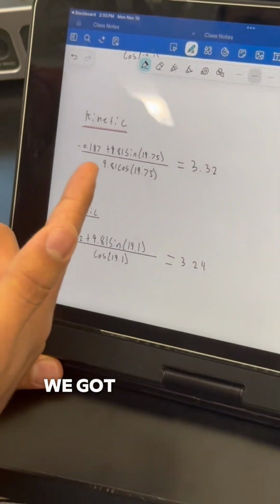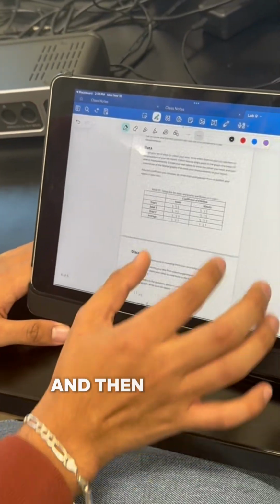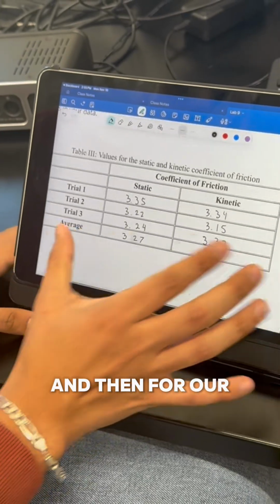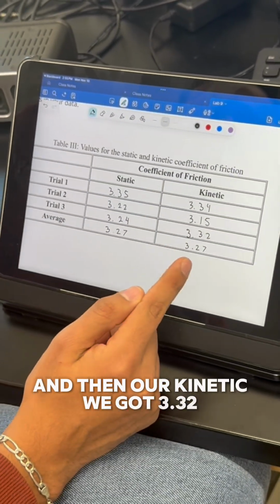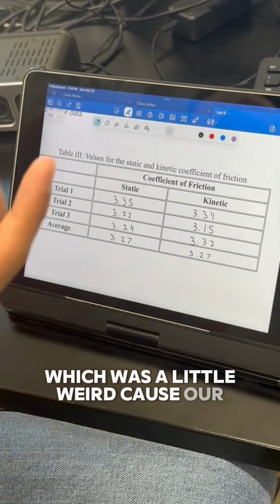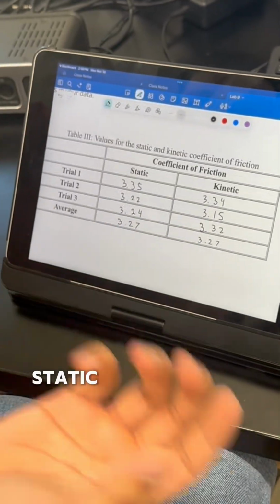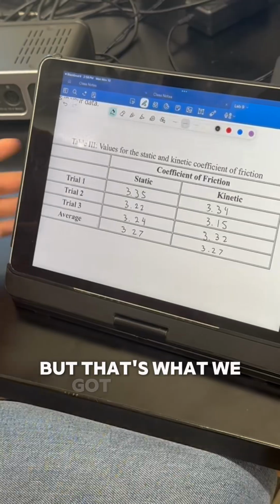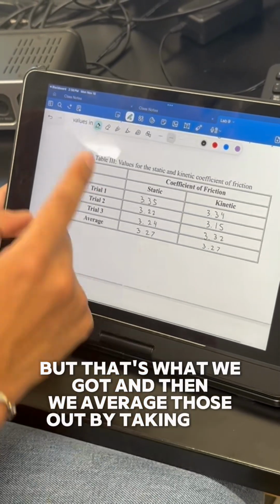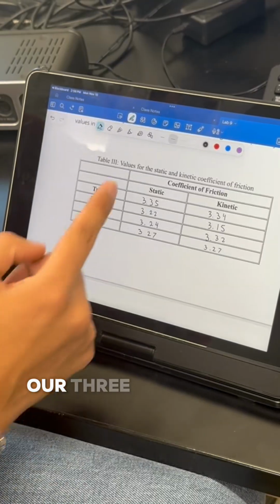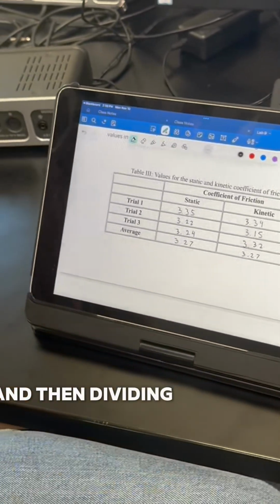We got kinetic and our static, and then for our static we got 3.24, and then our kinetic we got 3.32, which was a little weird because our static is supposed to be a little bit higher, but that's what we got. And then we averaged those out by taking our 3 for static, adding them up, and then dividing by 3.